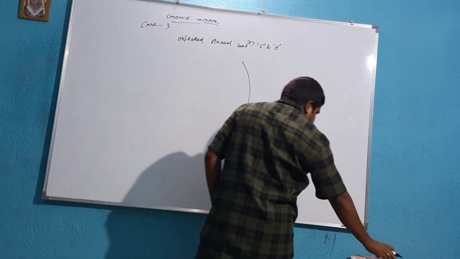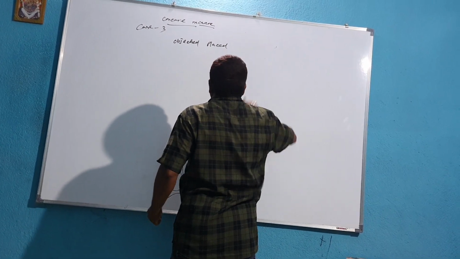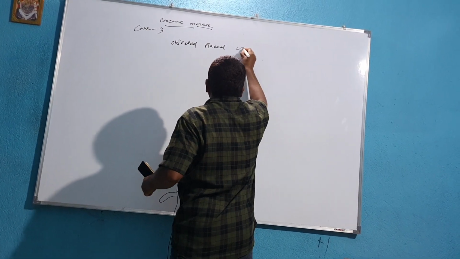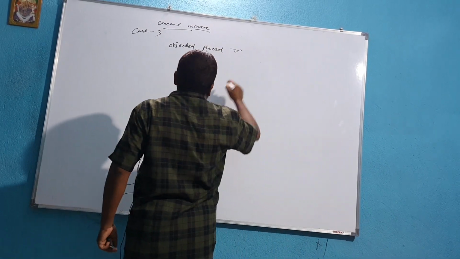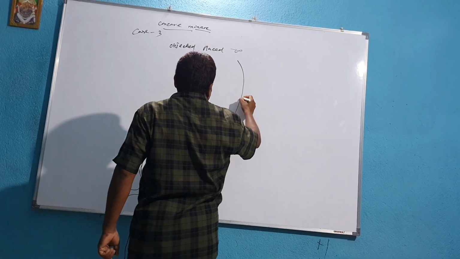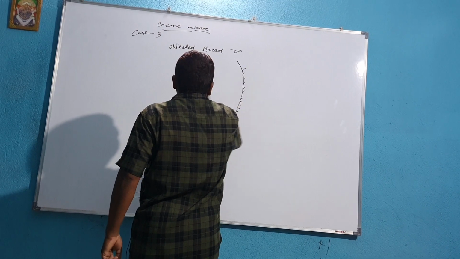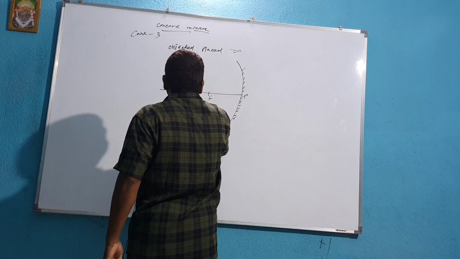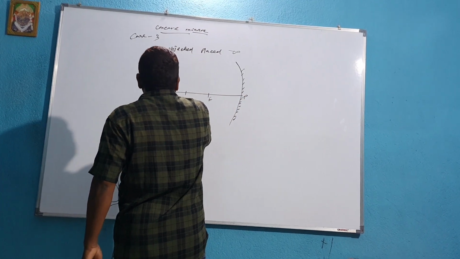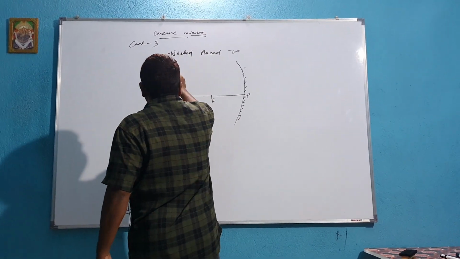First, when object is placed at infinity, where is the image formed? This is the object, we cannot place it on the principal axis.